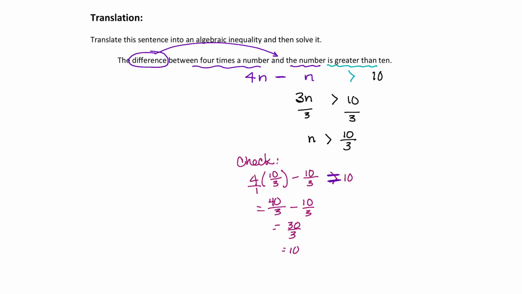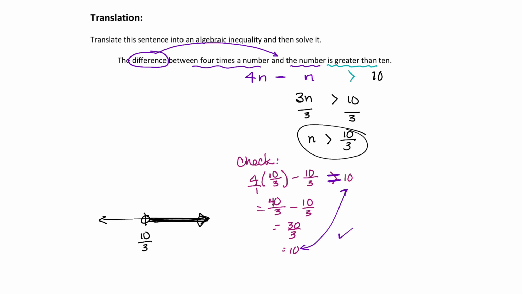So when you're checking it, these two still have to be the same. Okay, this represents on a number line right here every number starting at 10 thirds, open circle, and going to the right. So every number not including 10 thirds, but above 10 thirds.